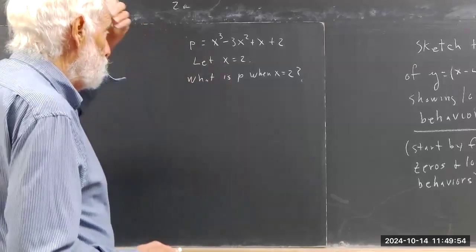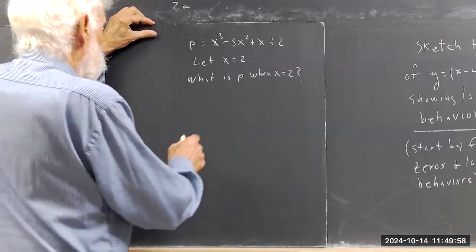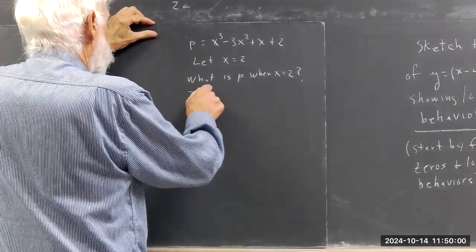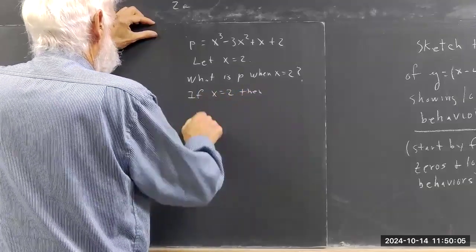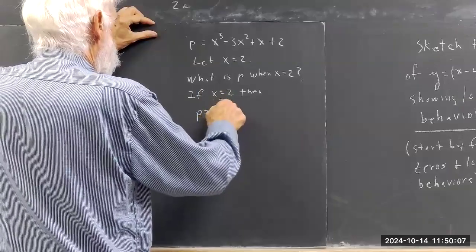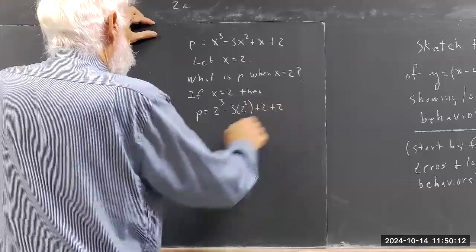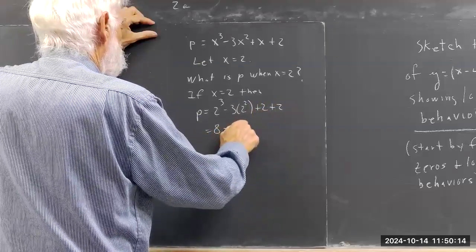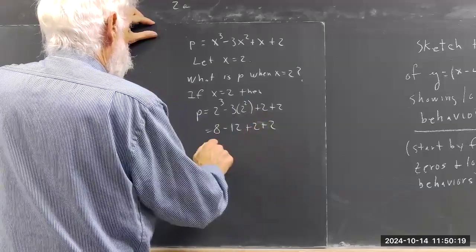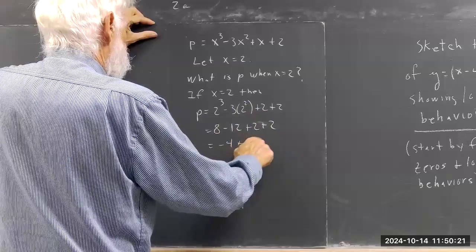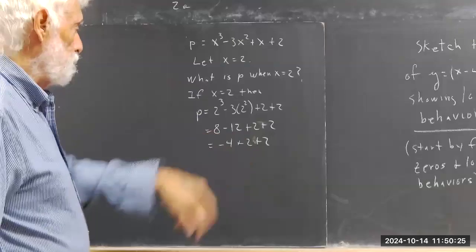So, question now, what is P when x equals 2? Well, it's going to turn out to be 0. Now, everybody got down to this.